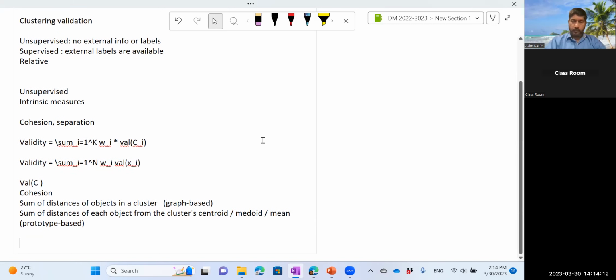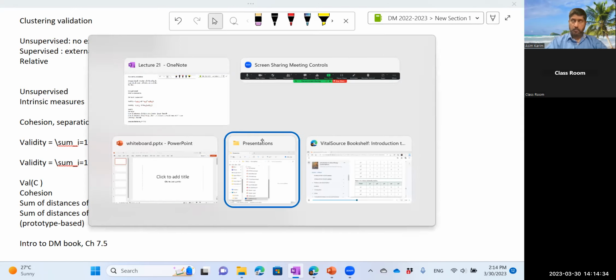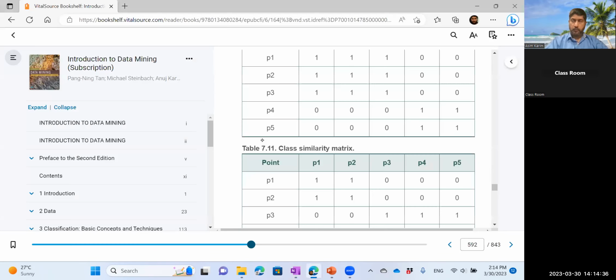ठीक है. So I think you can have other measures as well. I don't want to go into details. By the way, this part I'm primarily covering from the intro to DM book, which is chapter 7.5. ठीक है. ये मेरे पास यहाँ खुला भी I think. So this is the chapter open here.